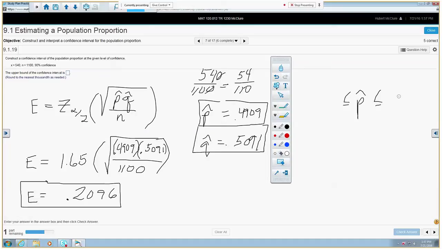What do you get? 50 cents plus 21 cents should be around 71 cents. So it should be .7005.